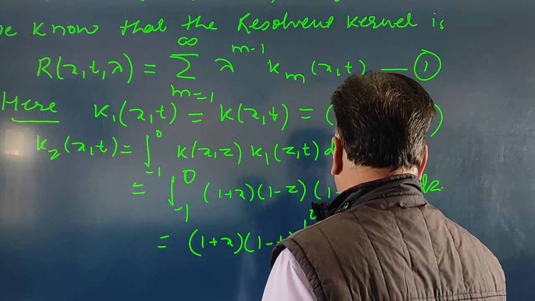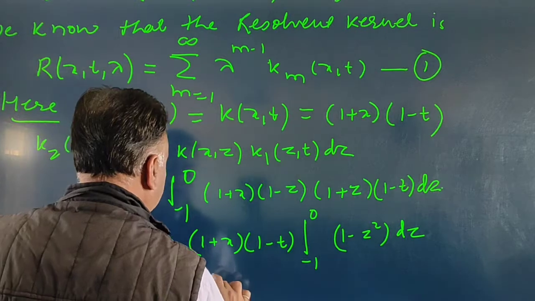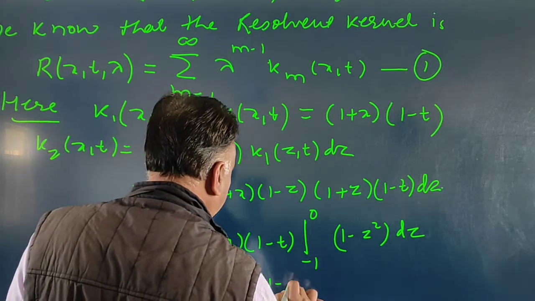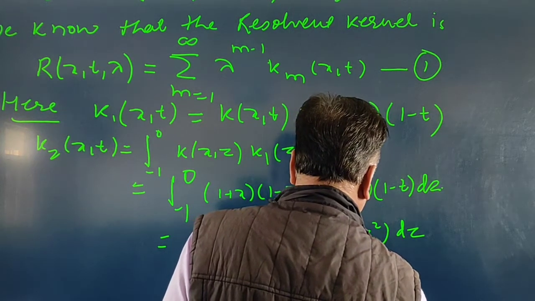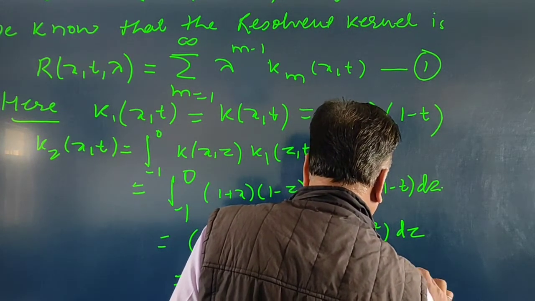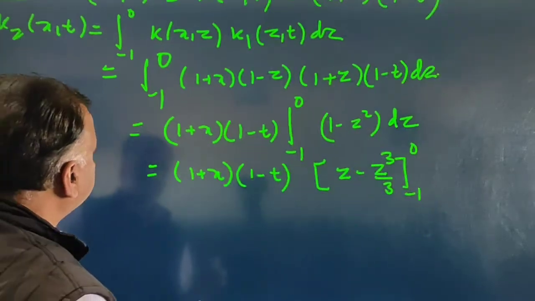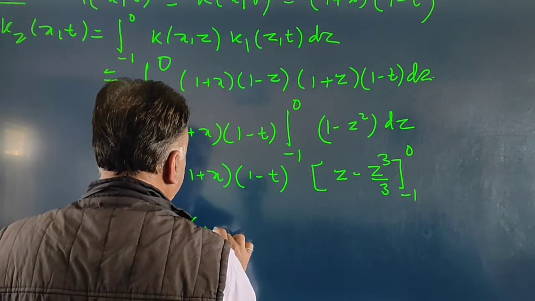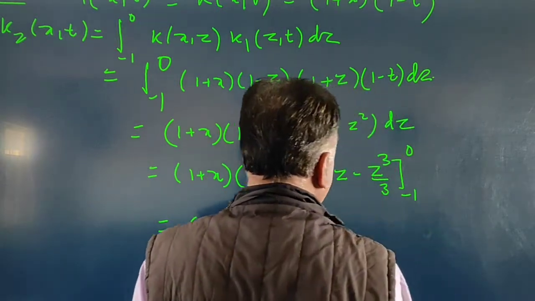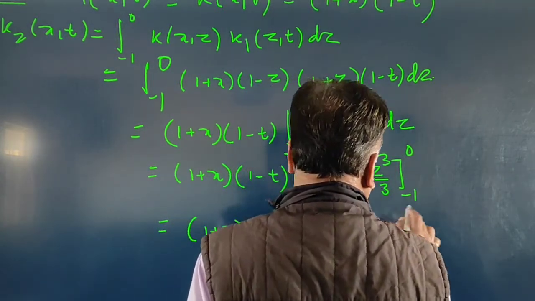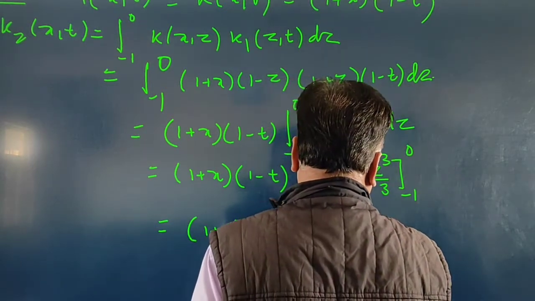Putting the limits, at z equal to 0 it is 0, minus (minus 1 plus 1 upon 3).